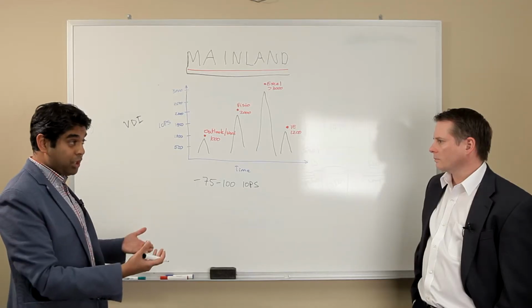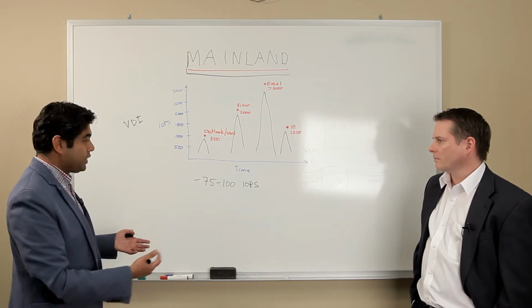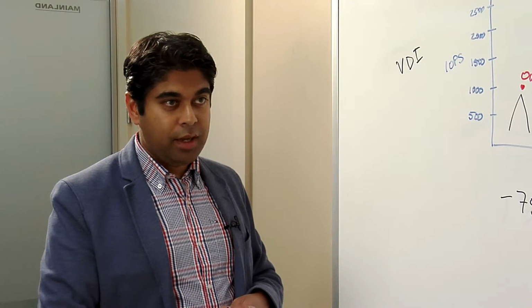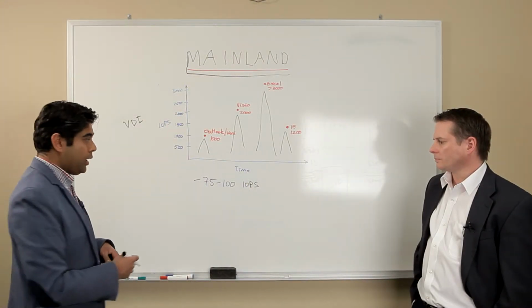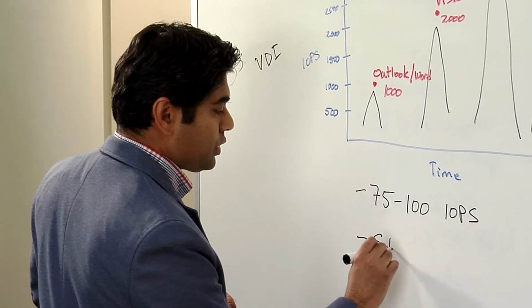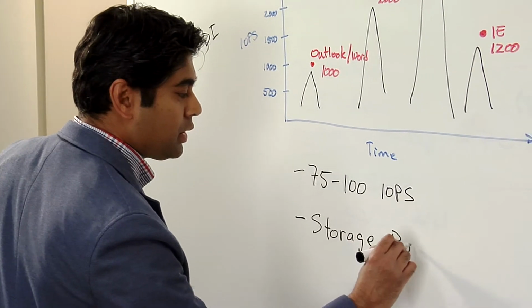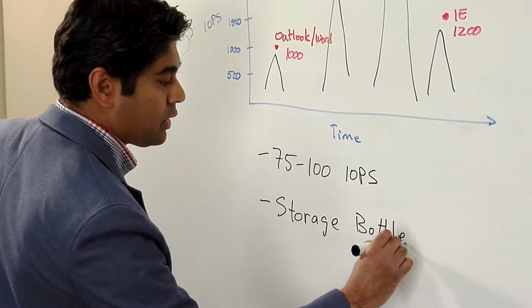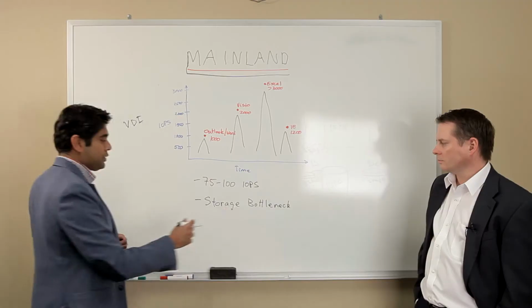Because they have laptops now, they're used to laptops with solid-state drives in them. As a result, you're getting a lot more expectation out of the type of desktop experience that end users are looking for. So the upshot is that storage, in the end, is always going to be the key bottleneck when architecting VDI infrastructures.